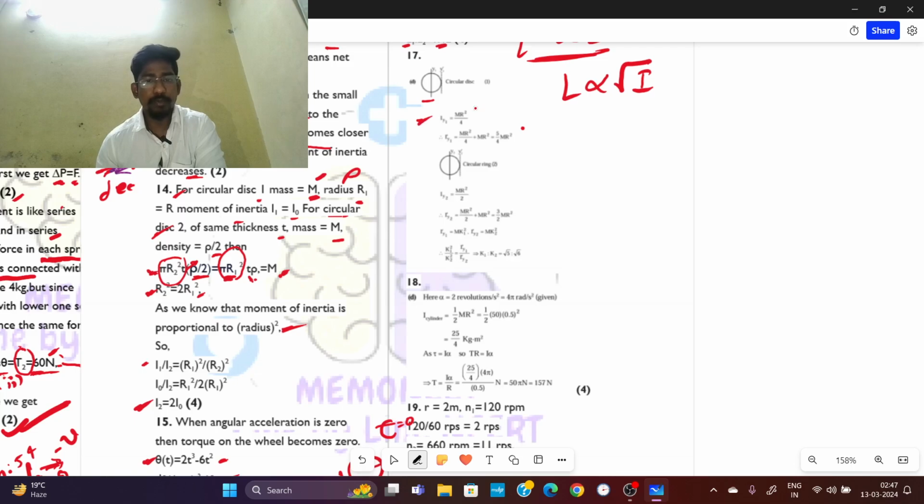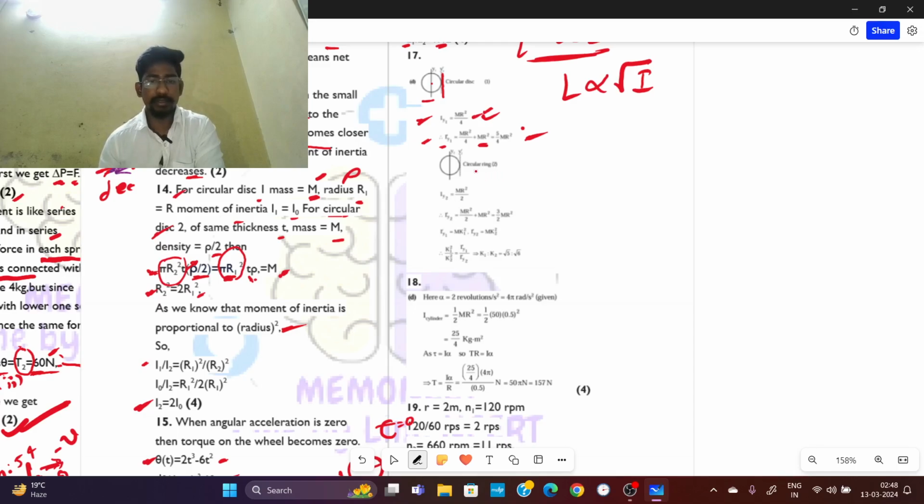For the first one, the moment of inertia about the axis passing through the CG is mr square by 4. To get the moment of inertia about the tangent, you have to add mr square to the centroidal moment of inertia. So you will get mr square by 4 plus mr square, which is 5 by 4 mr square.